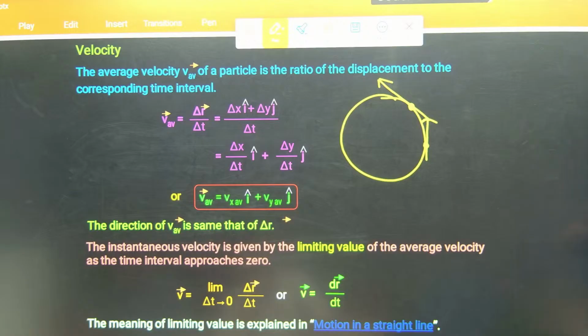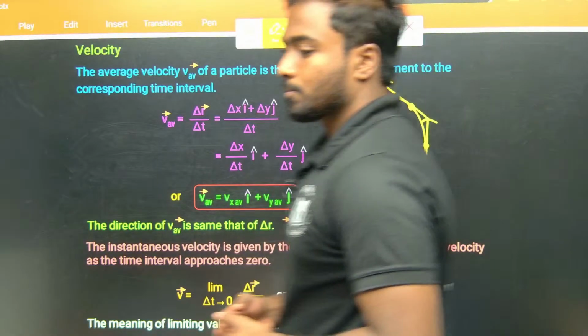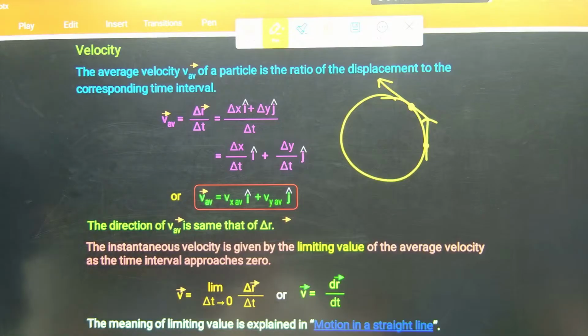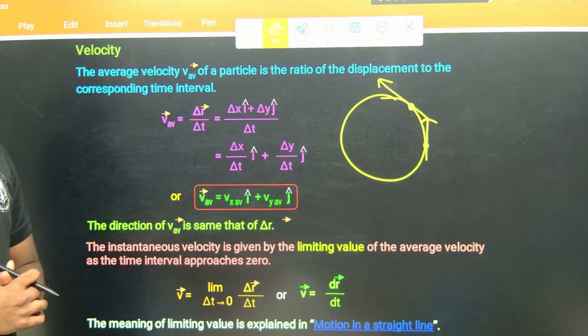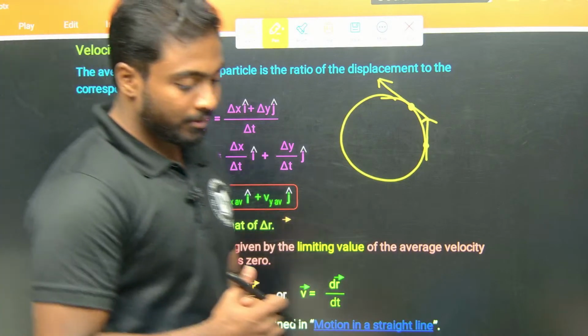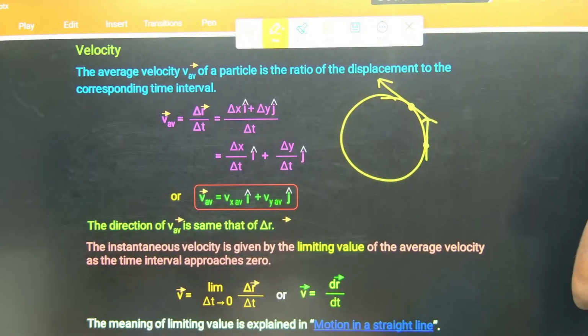If you have done, we will go for the next one. So limiting value means here we are going to take a differentiation, like limit tends to 0.